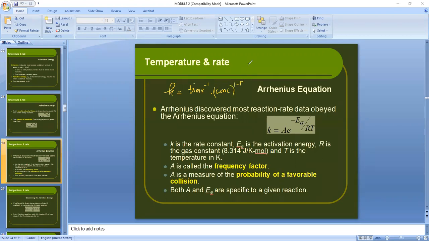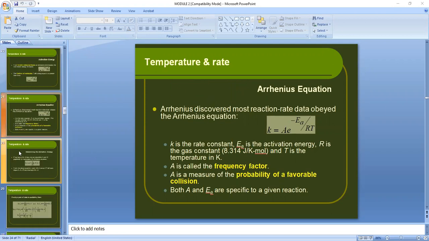Although dimensional analysis will help you, it's really very important that you know this so that you need not do dimensional analysis. Right away, you know what would be the corresponding unit or units for your rate constant. Okay, so take note of that. That's very simple and it's very fundamental also.